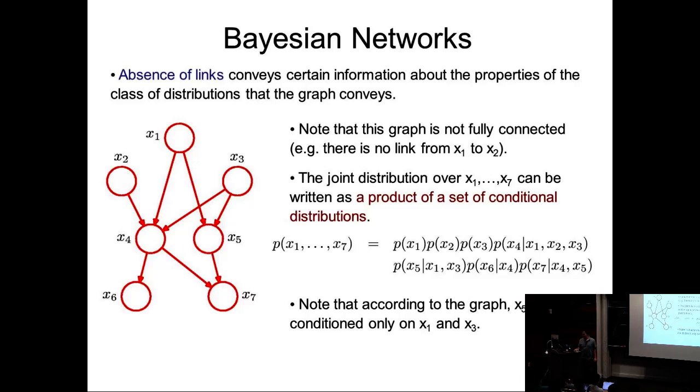So these random variables are independent, and I specify the prior probability for those. Then P of x4 depends on x1, x2, and x3, but x5 only depends on x1 and x3. So you have links missing here. I can read from this graphical model what the joint distribution is and how it factorizes into these conditional distributions.